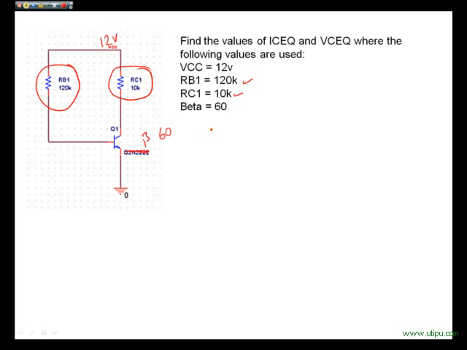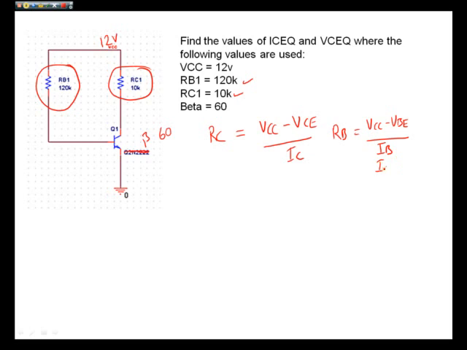If we have an equation for RC, RC would normally be VCC minus VCE divided by IC, and for RB we would have in this case VCC minus VBE all divided by IB.